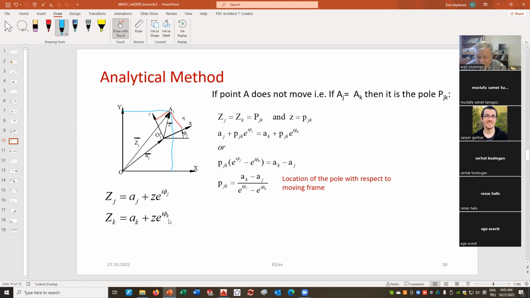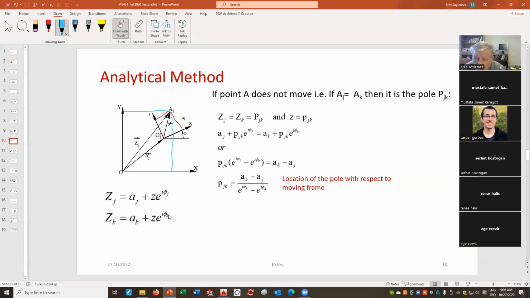So in that case, phi k is the angular position of the moving frame at the k-th position. Zj and zk: aj plus z e to the i phi j, ak plus z e to the i phi k.